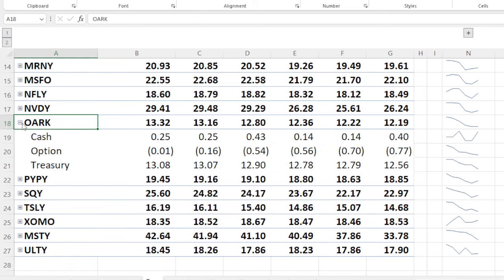Unfortunately for OARK, I think OARK and TSLY are kind of in the same boat. A good chunk of ARK is basically Tesla, at least like 10%. Last time I checked, it could change. Because Kathy Wood's ARK funds are really positive on Tesla.